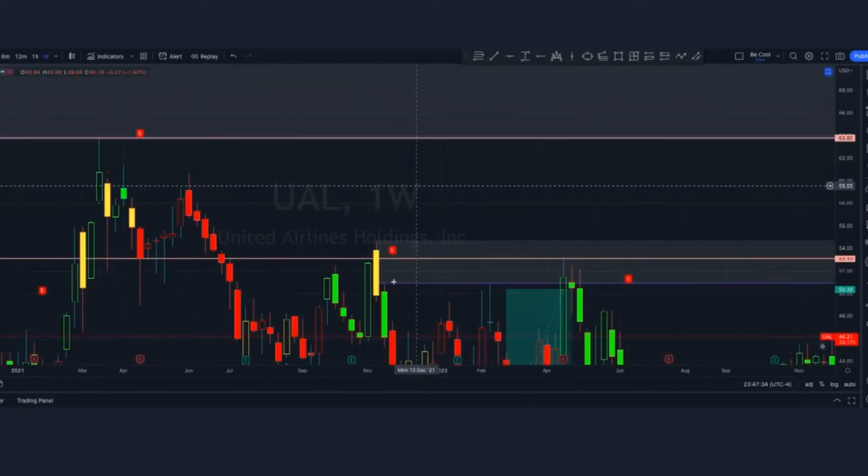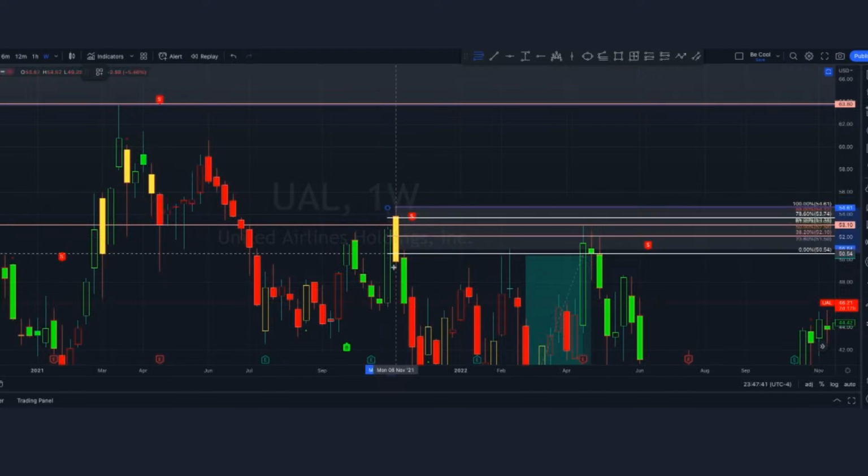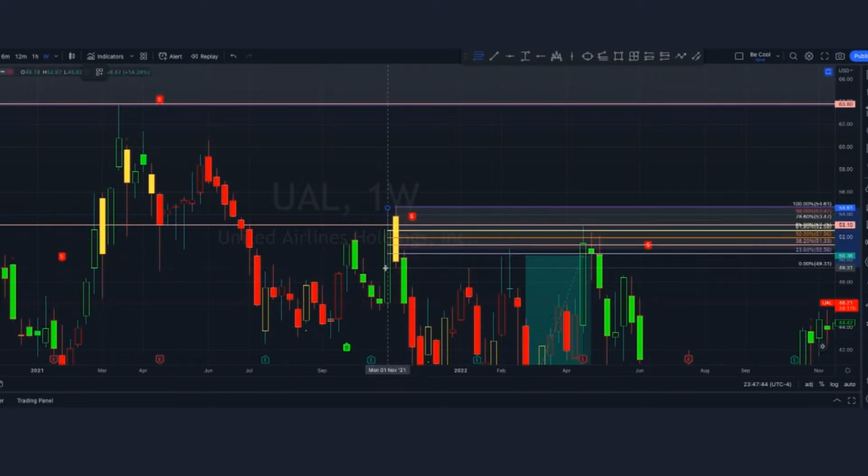So let's zoom in real smooth like, and then we're gonna put our fibs on it. Bam. Just like that. So you see, it only came up to the 23 level. Now, when it came back and visited once again, it barely got up there.